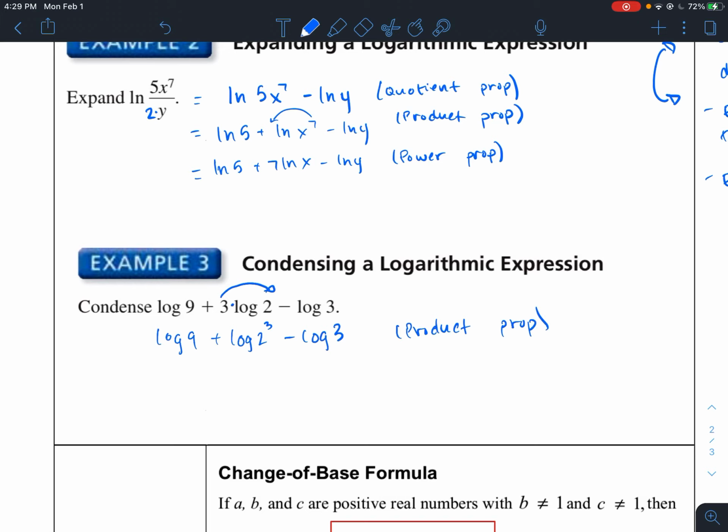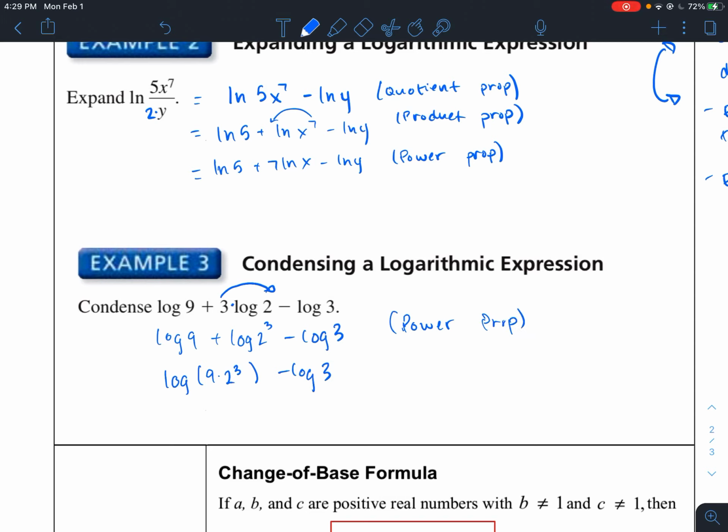Okay. Now let's deal with these right here. The operation between these is addition, so that means that they are being multiplied if we are to condense them. So this is log of 9 times 2 cubed, and then minus log of 3. Sorry, that was definitely the power property.